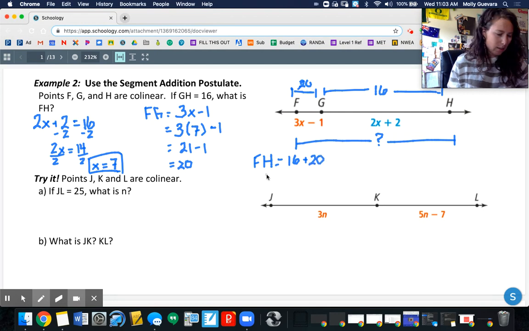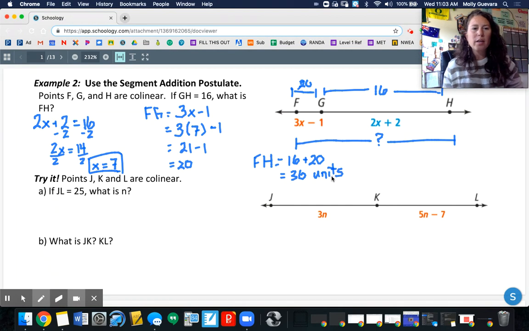And so that just tells me that 16 plus 20 is 36. So that lets me know that the distance from F to H is 36 units. And again, I don't know what the unit is. It doesn't tell me. Is it feet? Is it inches? Is it centimeters? It doesn't tell me. So I just write units.